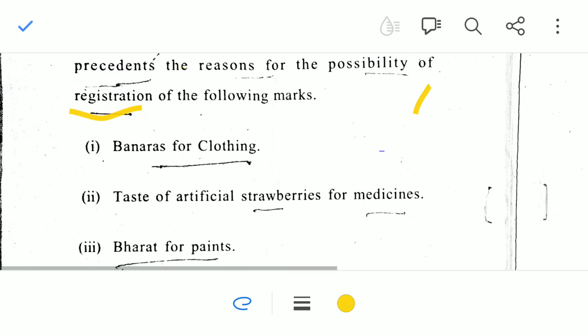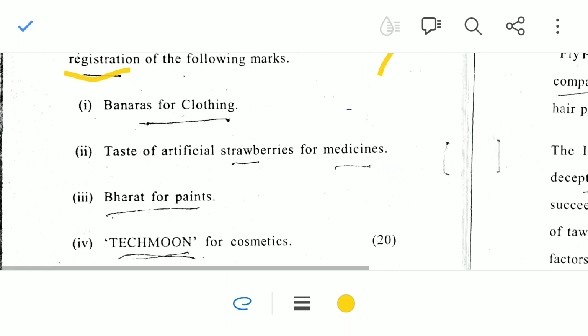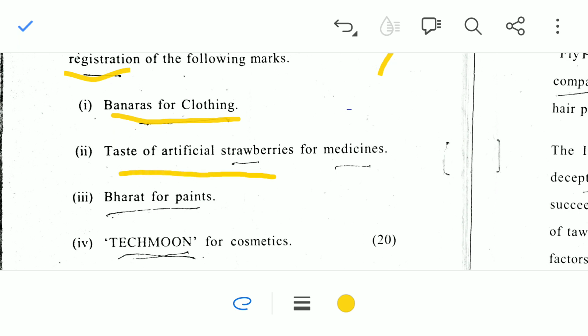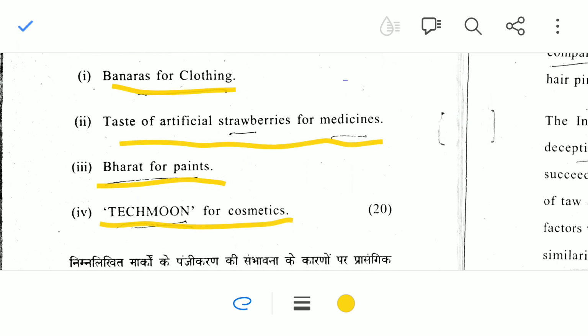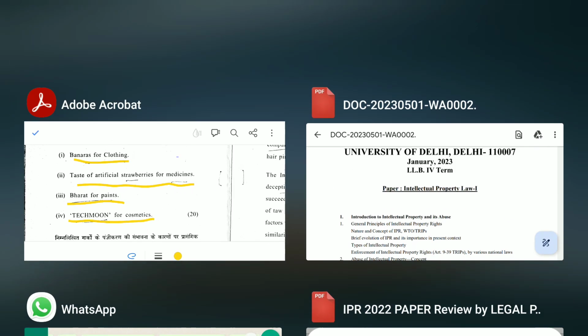There are 4 marks given: Banaras for cloth, taste of artificial strawberries for medicines, Bharat for pants, Checkmon for cosmetics. Now come to the syllabus, from which part this question is covered.